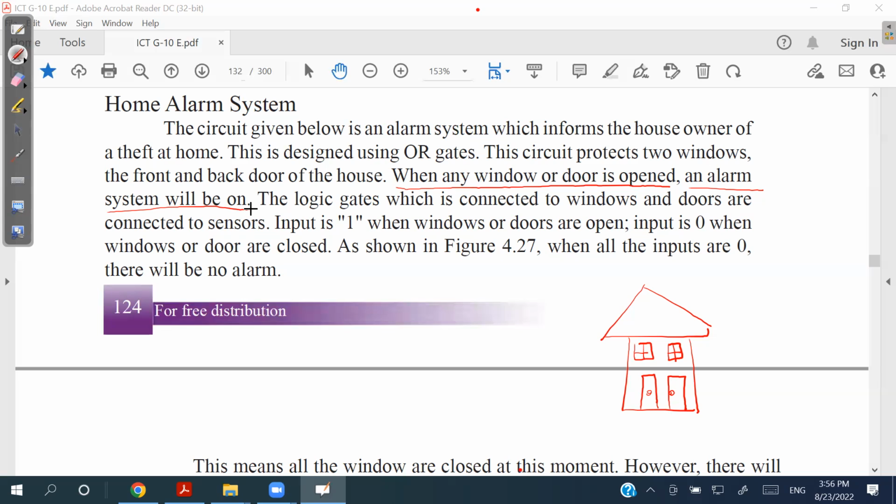It says the logic gates which are connected to the windows and doors are connected to the sensors, right? So in simple terms, there are sensors at each and every point. These sensor points will indicate when the alarm is needed. So let's say the alarm is right over here.